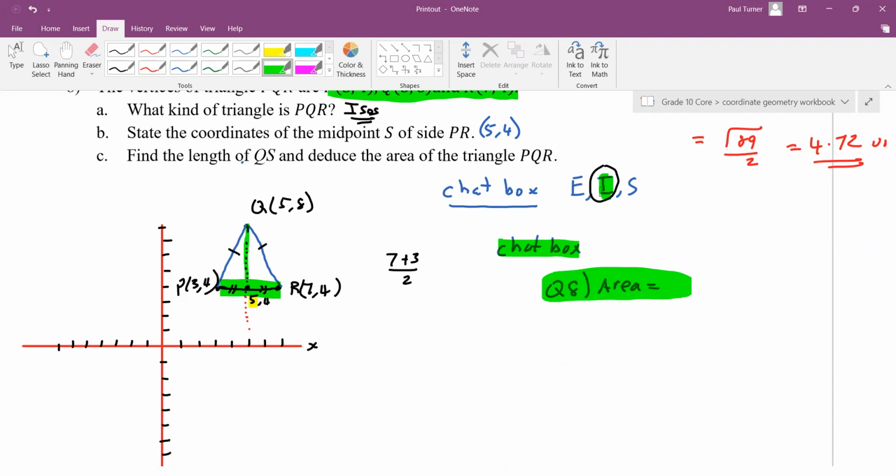So what do you think for the area? Remember, it's half base height, the formula. Think about that one.